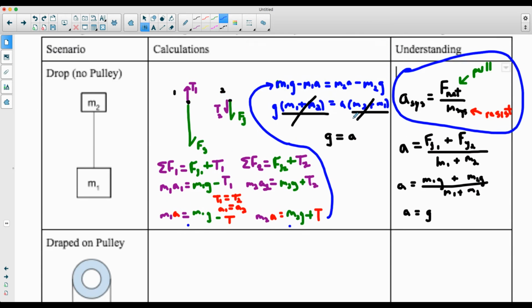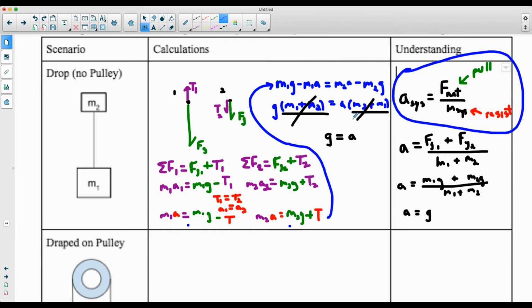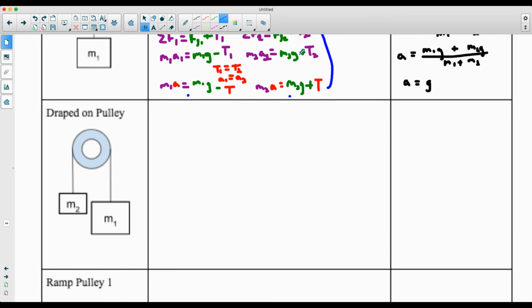All right. Why don't we try it the understanding way? Well, yeah, let's do it the understanding way because it's so nice. All right, acceleration of the system. Now you've got to think a little bit here, and we'll do it the full way too, don't worry. It's going to be the net force on the system over the mass of the system.